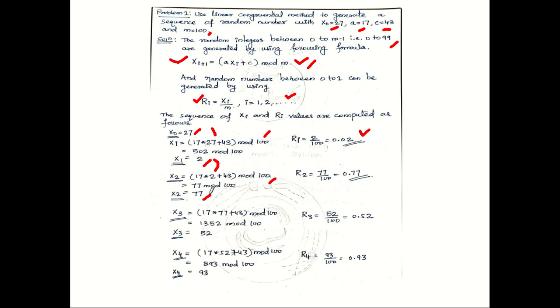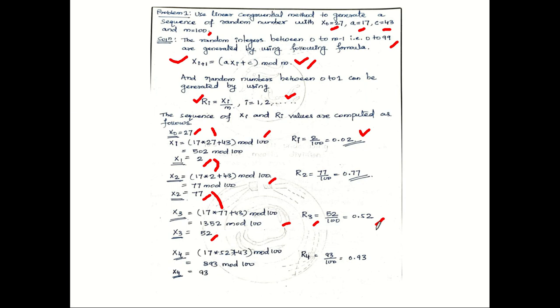So we get x2 as 77, and the equivalent random number is 77 divided by 100 equals 0.77. Then x3 is calculated as 17 into x2 plus 43 mod 100, so the x3 random integer is 52, and the equivalent random number R3 equals 52 divided by 100, which is 0.52.